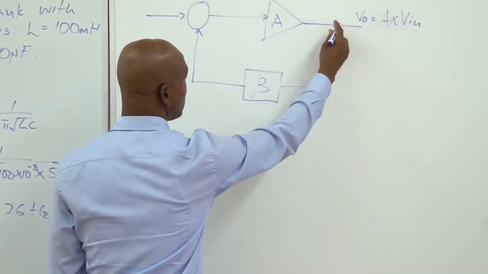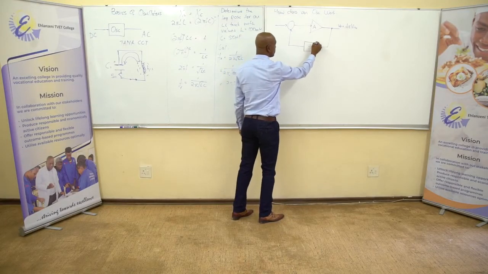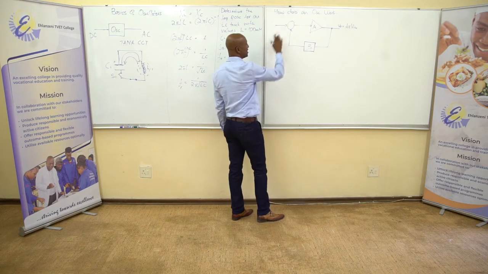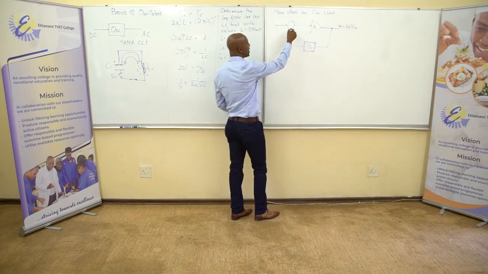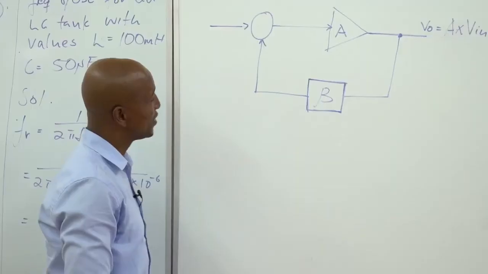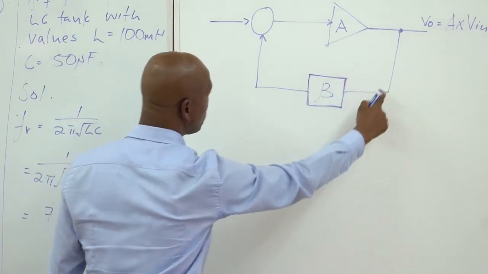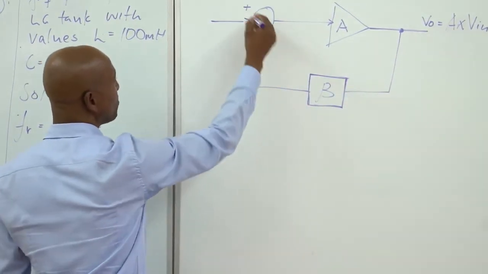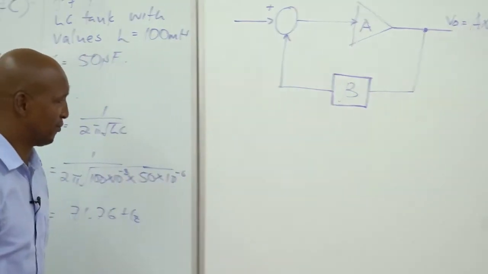So a certain fraction of V out is taken back into the input through what we call the feedback circuit. So feedback simply means taking our output back into the input. So now, if we look into that, we have our signal here, which is being taken from the output back into the input. So how does the oscillation occur?